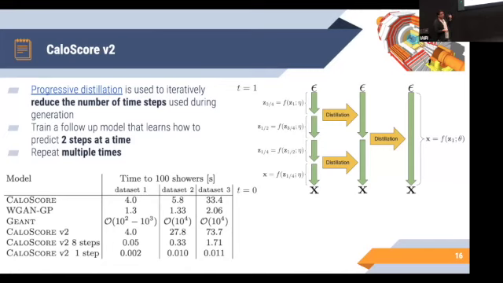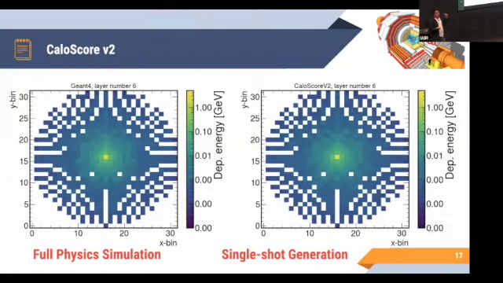Then the question is, with this 1 step, can I still do things that are nice and look like the simulation that I had before? And the answer is that for the model that I was showing in the previous slides, I was already showing the single step without telling you. Here I can also show you, for example, how the average energy depositions in different layers of my detector are simulated, either using the single shot generation on the right, and on the left the full physics simulation.